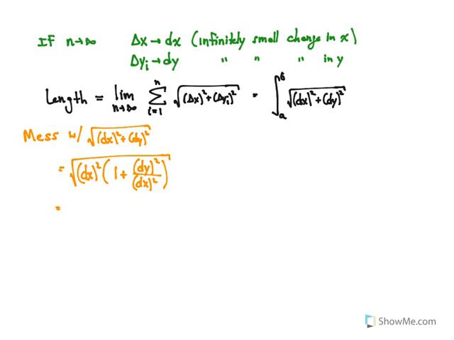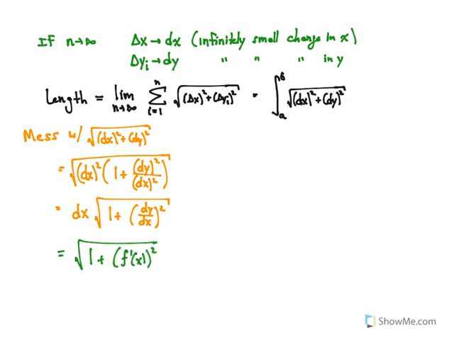And that's going to be equal to just a dx on the outside, times the square root of 1 plus dy dx squared, and that's going to be exactly equal to the square root of 1 plus dy dx, the derivative, squared, and then we have a dx on the outside.